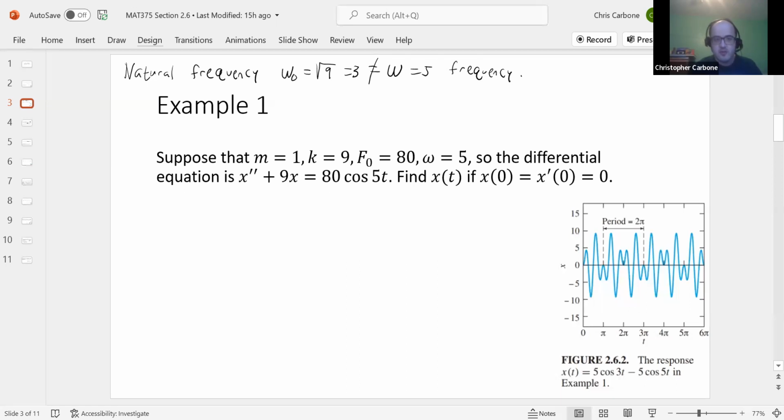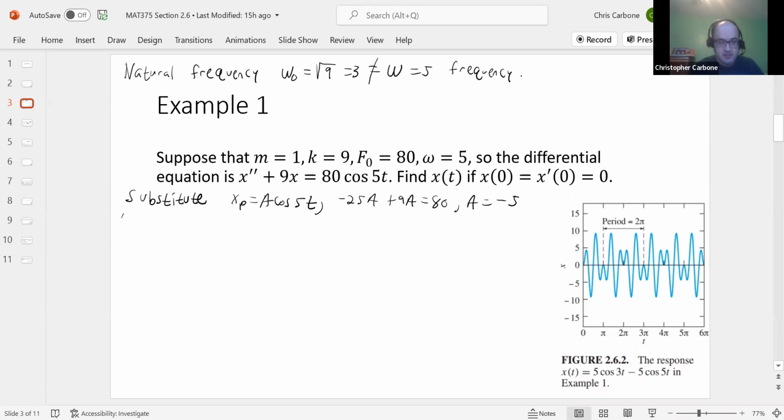So we could use what we just saw on that last screen. Here, we want to substitute x sub p is equal to a times the cosine of 5t. Putting that into the differential equation, we would get negative 25 times a plus 9a is equal to 80, which means that a is negative 5.